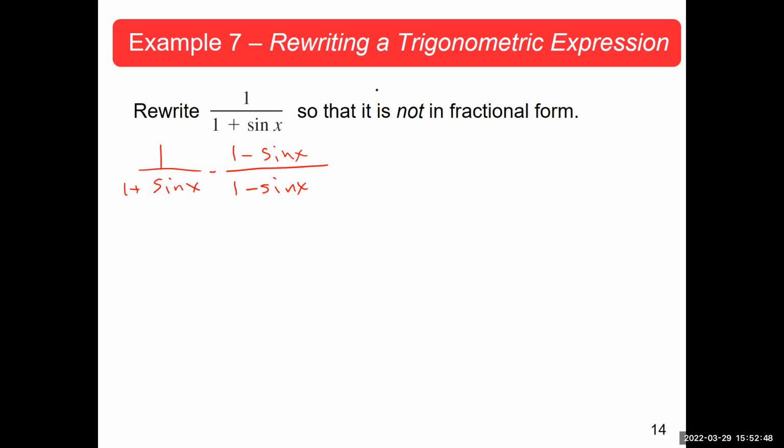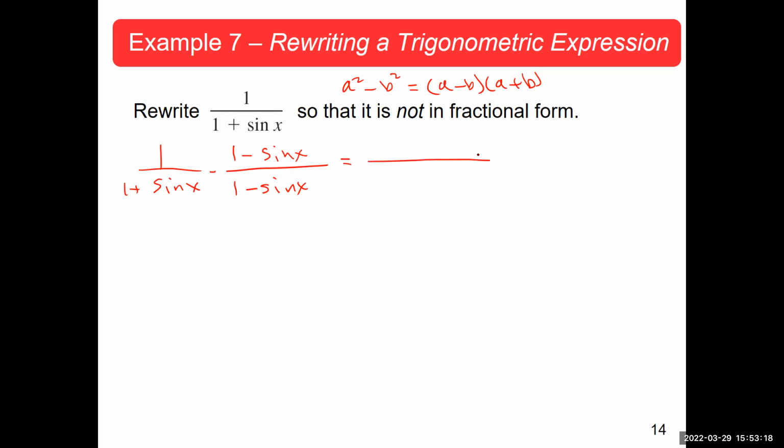Because remember the formula a square minus b square equal a minus b multiplied by a plus b. So you need to remember this formula, and you can go backward. So I have 1 plus multiplied by 1 minus.